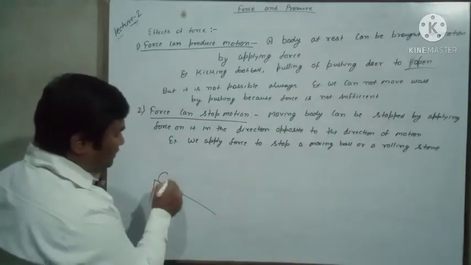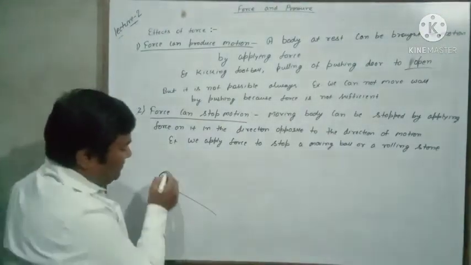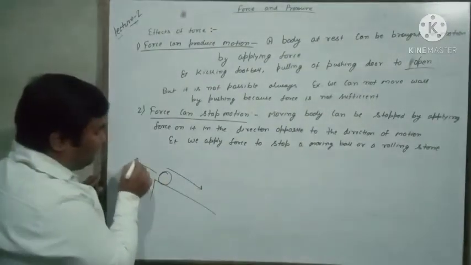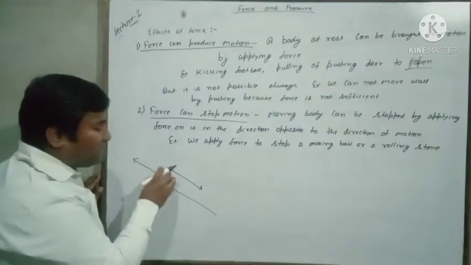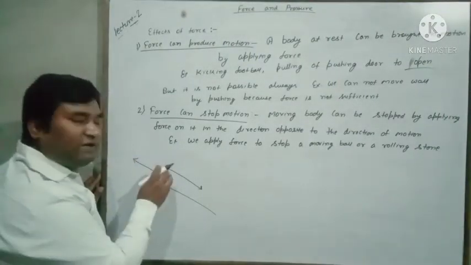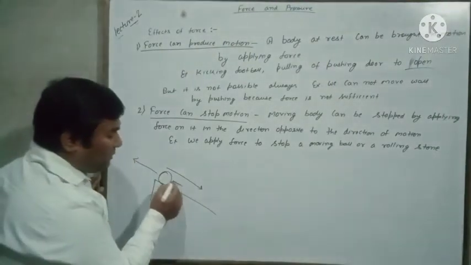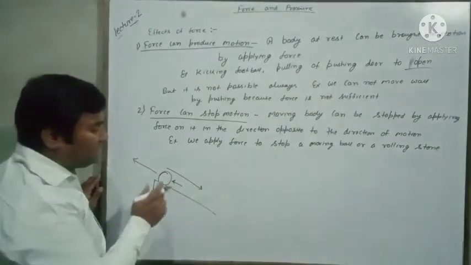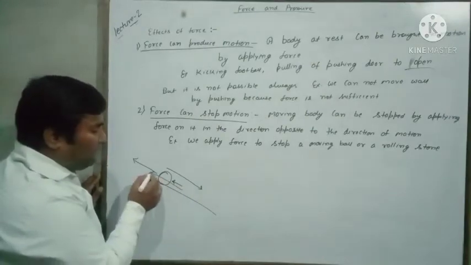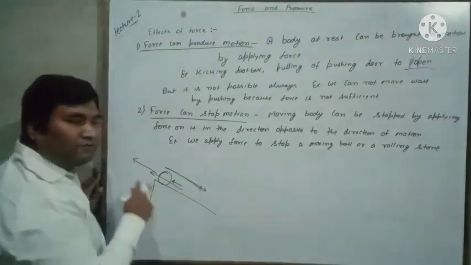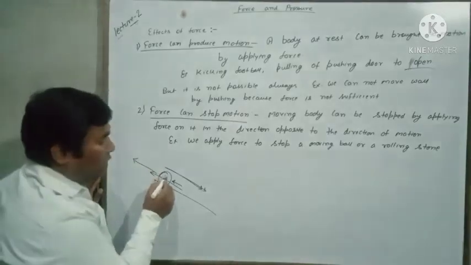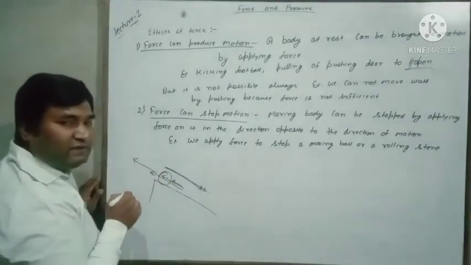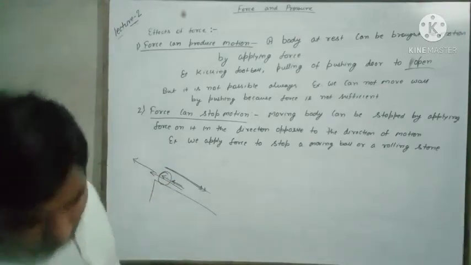If a stone is rolling downhill, in this direction, and you apply force in the opposite direction, you can stop the stone. Whether you apply from front or back does not matter, but the force should be applied opposite to the direction of the motion of the object. The object is moving in this direction and you are applying force in this direction, then it will stop.